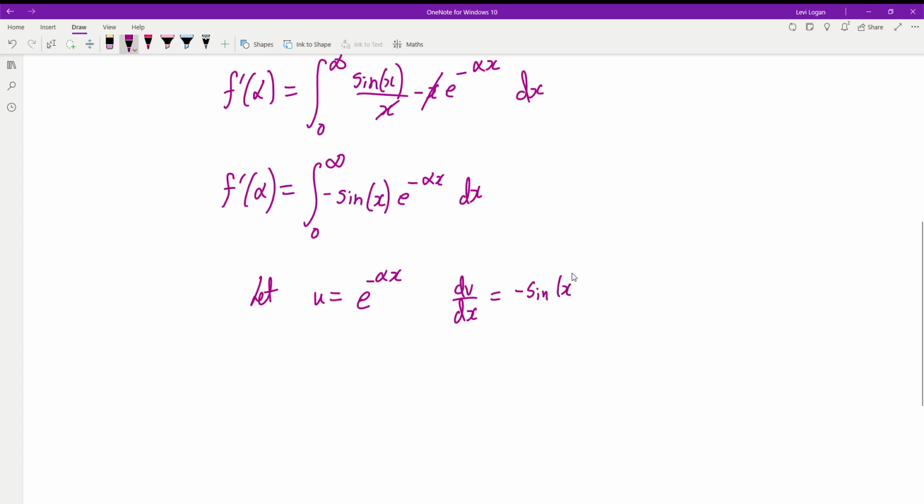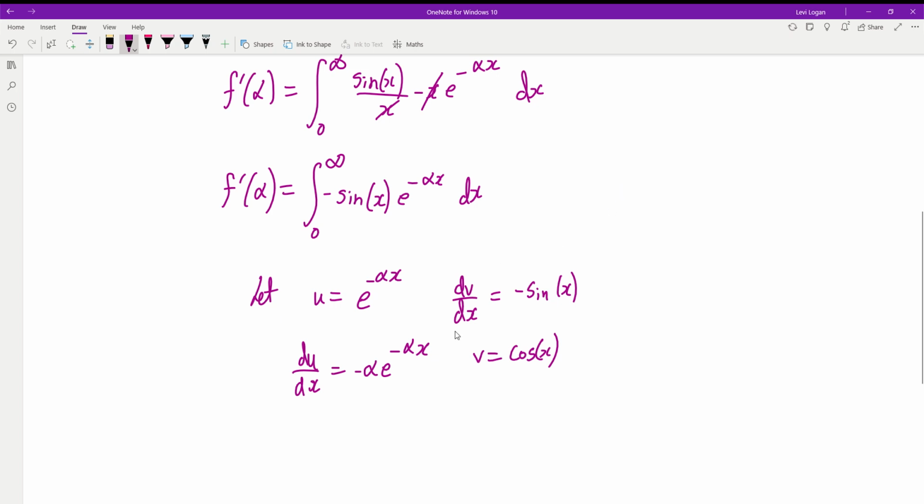Now the reason why I didn't pull the negative out the front is because if I integrate this, it's going to give me exactly cos x. Now if I differentiate this, I'm going to get du dx is equal to negative alpha e to the negative alpha x. Okay.